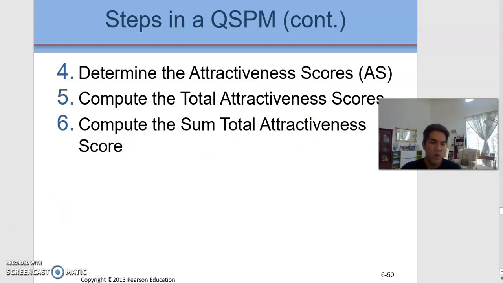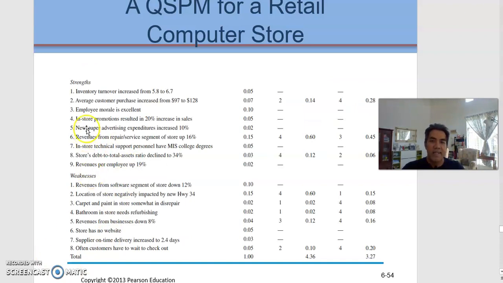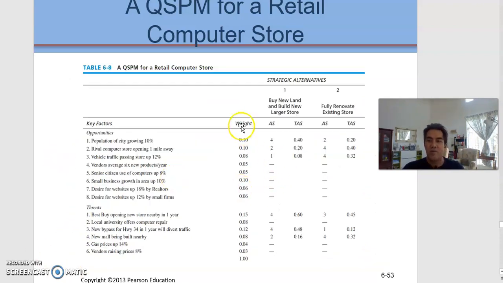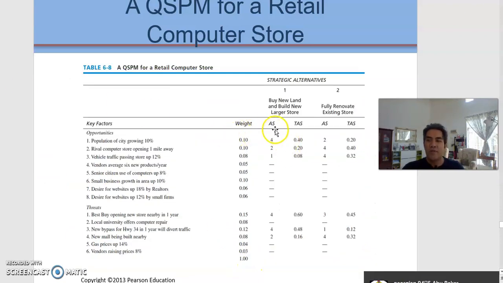It's easier if we look at the example. So first you identify the key opportunities and threats, and then the strengths and weaknesses. So what you do is you put the weight for opportunities and threats, totaling 1, and then for strengths and weaknesses also 1. And then these are the 2 strategies that you are going to implement for this retail company: either to buy new land or fully renovate.